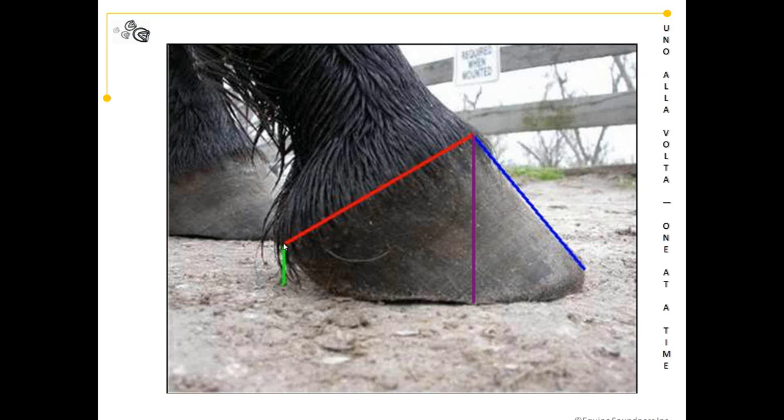We also have heel height, measured vertically from the hairline, at the end of the hairline, to the ground. Not measured along the heel, but measured vertically.